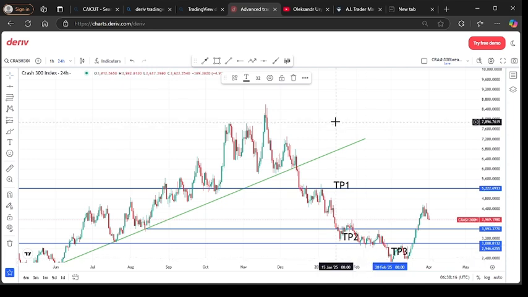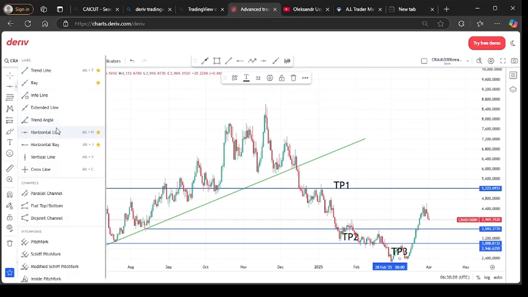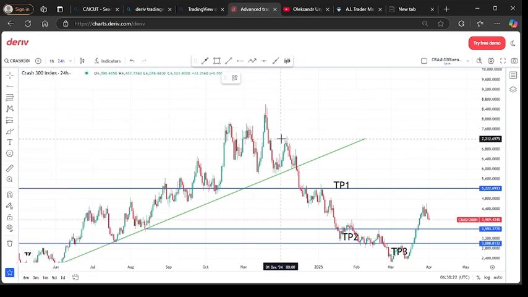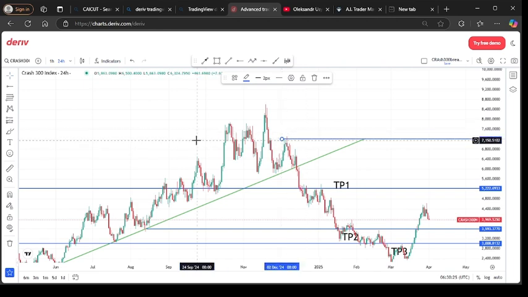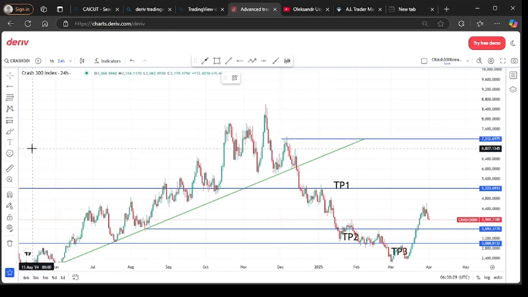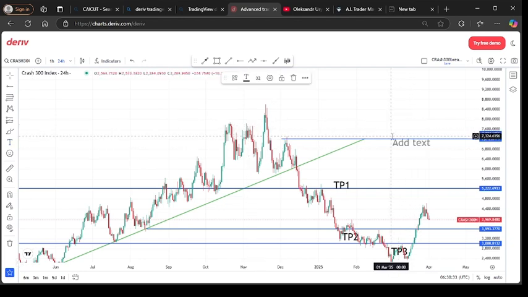Then for the stop loss, your stop loss should be the recent swing high. Because there are some instances whereby price has broken the trend line, but price will still continue moving up. So this one should be your stop loss.